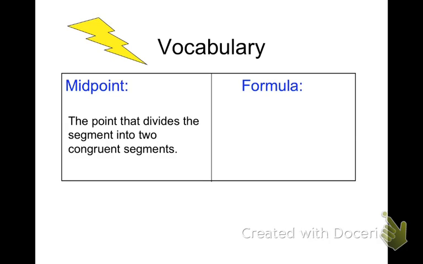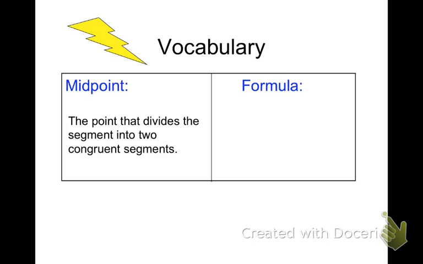It's awesome. Okay, so anyways, now let's think about how do I find the middle of something? If I had this as my line segment, and I lined it up with my ruler, so this was at 0, and this was at 1, 2, 3, 4, 5, 6.